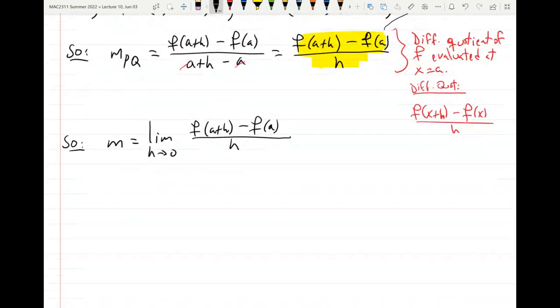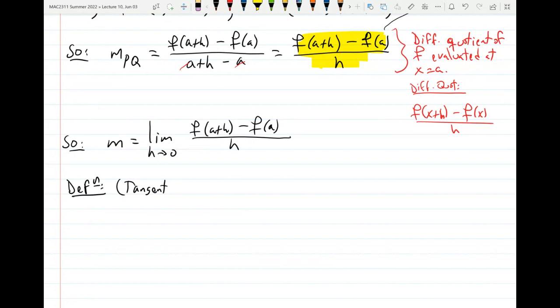Okay? So let me go ahead and define this. So, definition: this is the definition of the tangent line at a point, which we also call by another name. We also call it the derivative of f at a point.